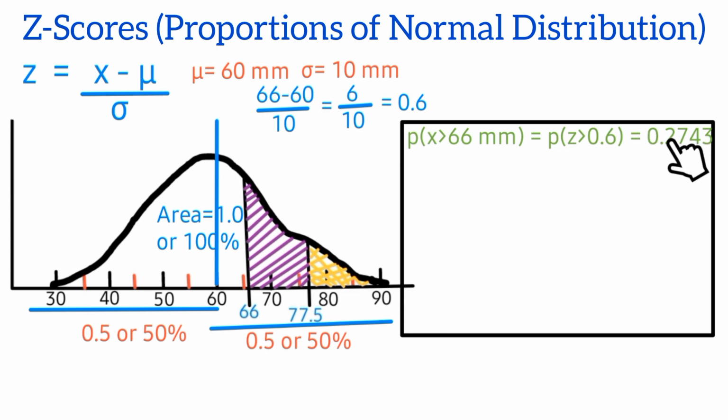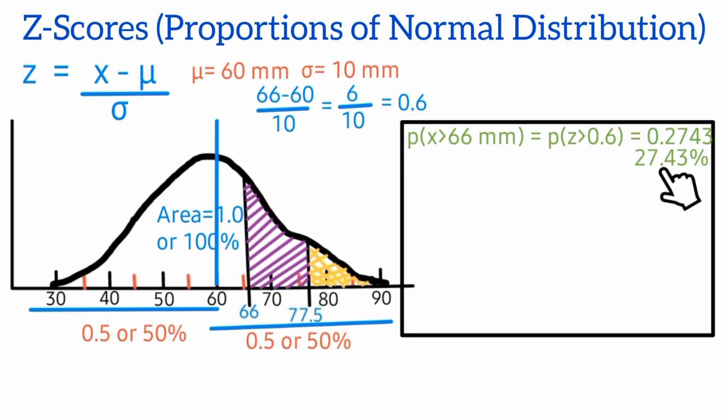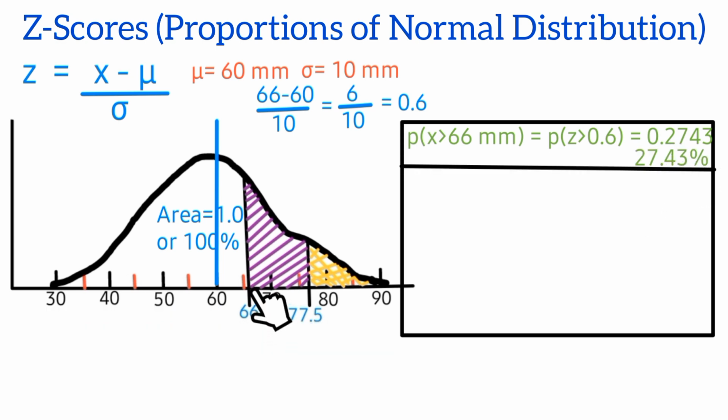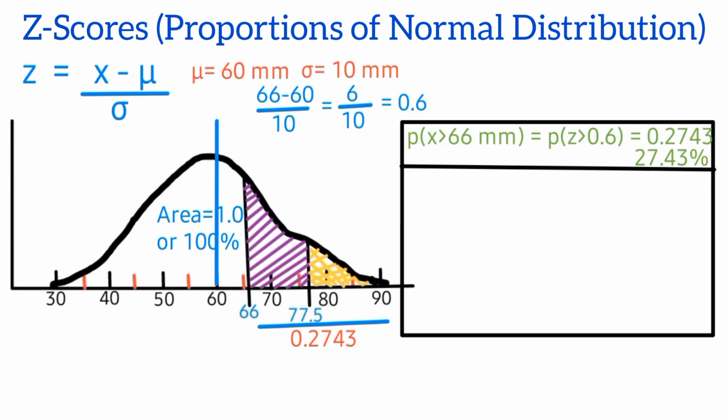We could express this as a percentage by simply multiplying by 100. So this value multiplied by 100 gives 27.43%. So this part, which is greater than 66, is 0.2743 or 27.43%.